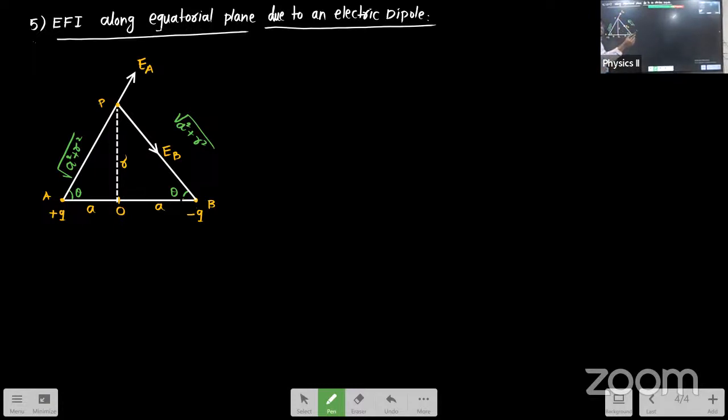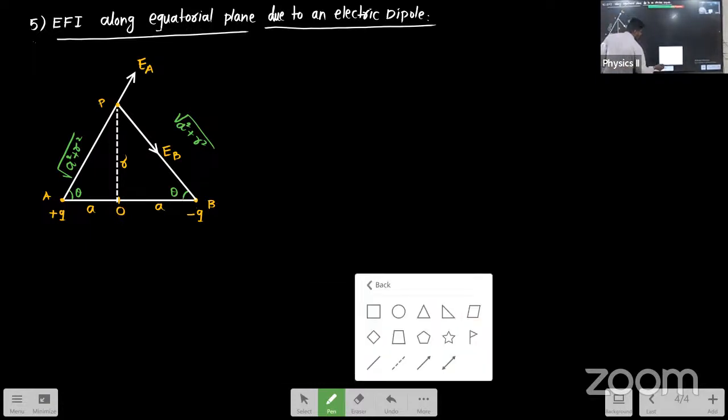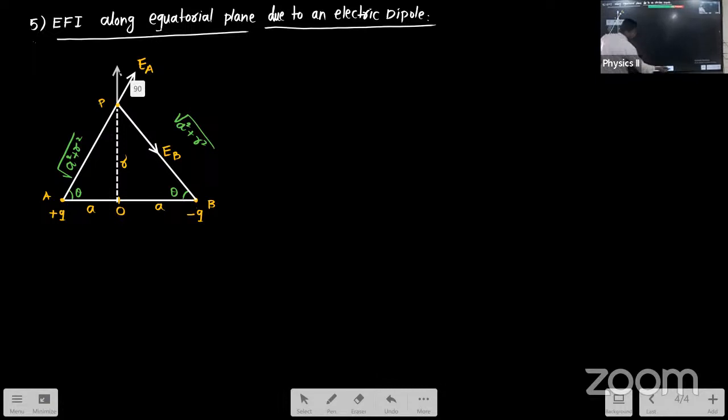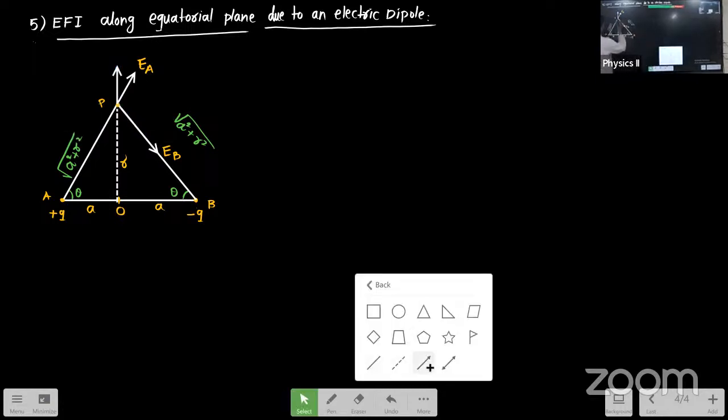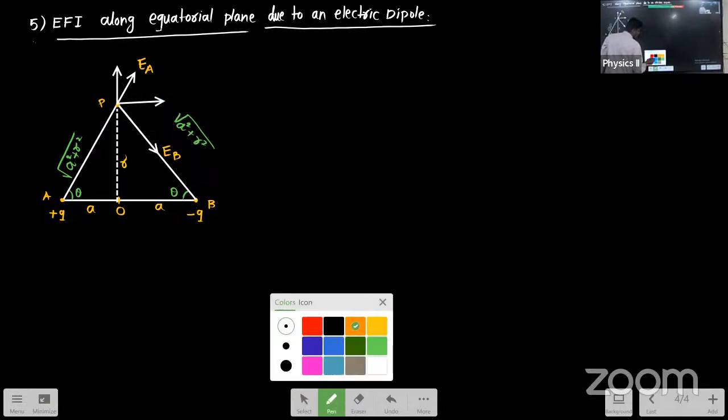Whenever there is a vector which lies in the xy plane, you are supposed to resolve that vector into two components, a horizontal component and a vertical component. Here I am writing one component, and the other component will be here. I am resolving this EA into two components because EA is lying in the xy plane.